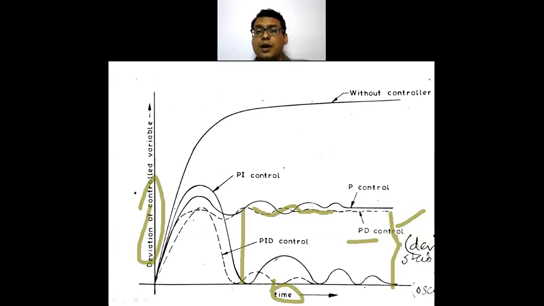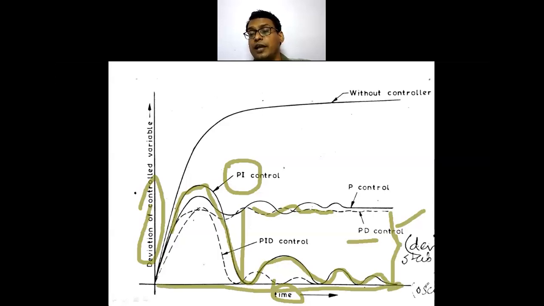Then the third is the proportional integral controller. In proportional integral, you can see a lot of oscillations are there, but the offset is 0. The required value matches with the desired value. That is, R infinity minus C infinity becomes equal to 0.